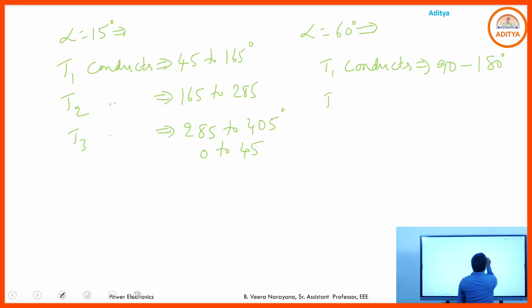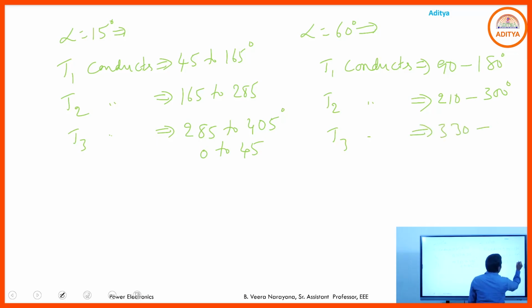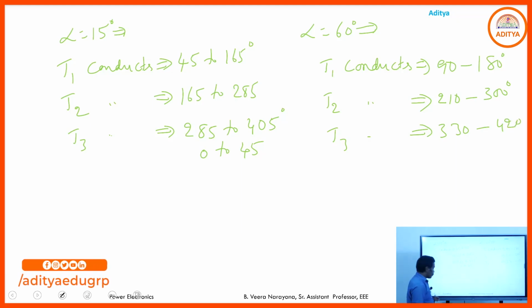Next, T2 conducts from 210 to 300, and T3 conducts from 330 to 420 degrees. We will see the output voltage waveforms.